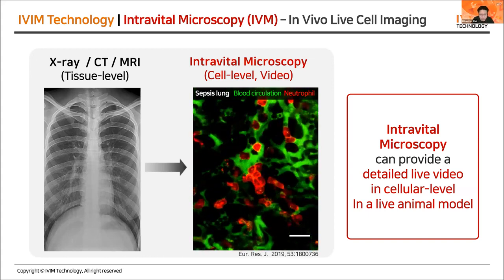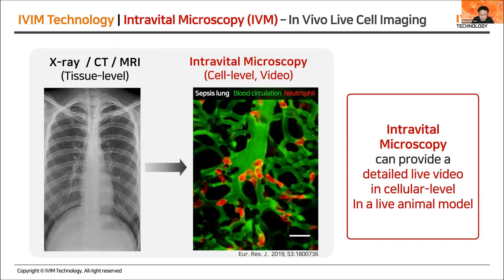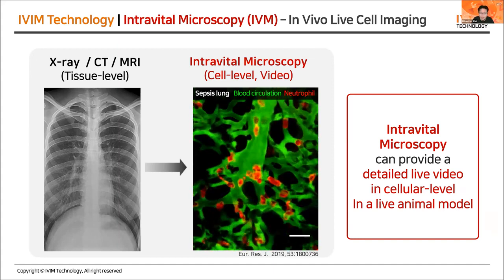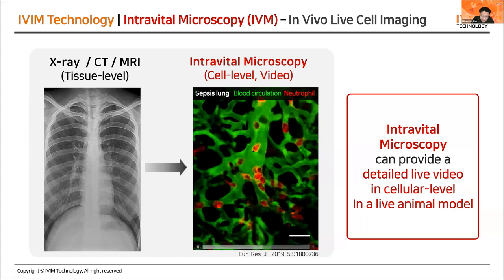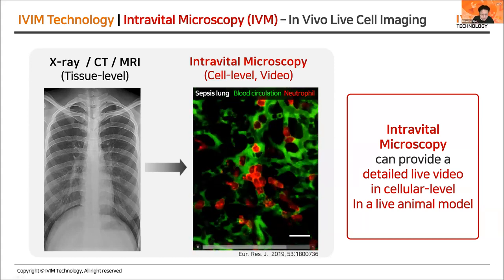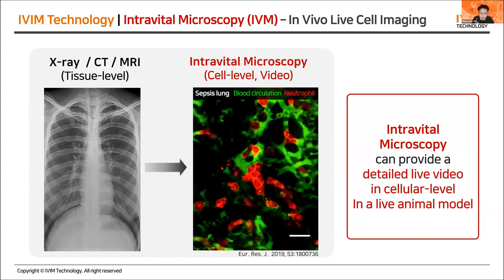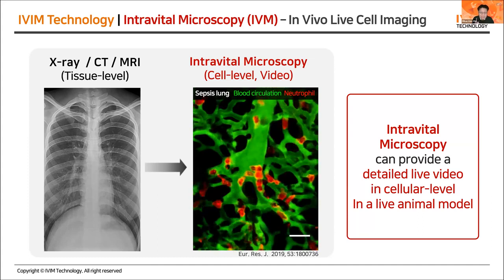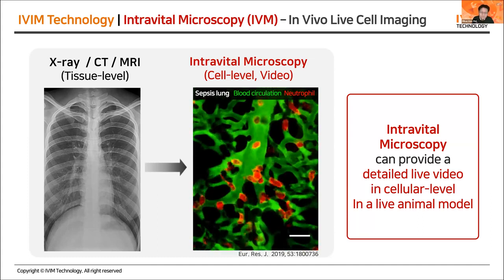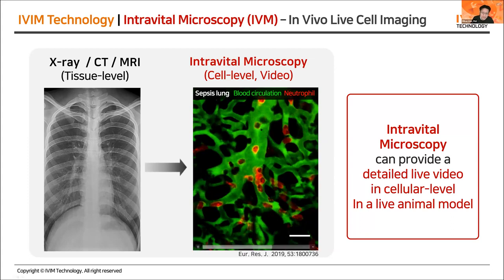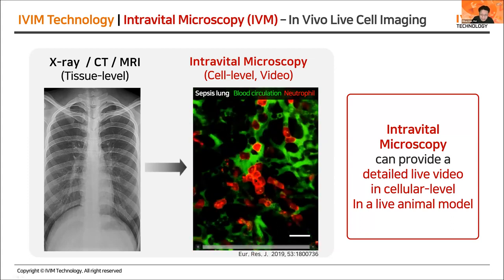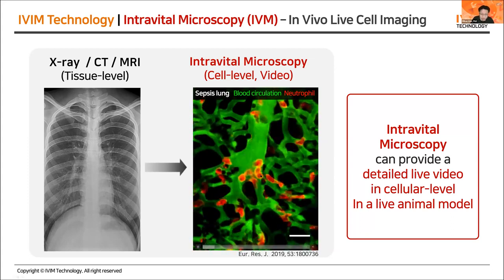In green, we can see the blood circulation, basically blood flow. Every red dot here is a neutrophil, one of the major types of leukocyte inside the blood vessel, and each red dot is a single individual neutrophil.